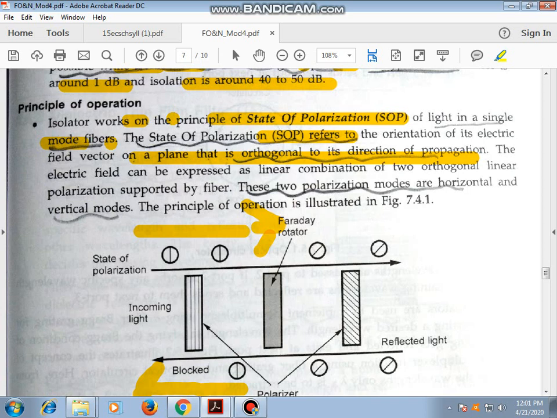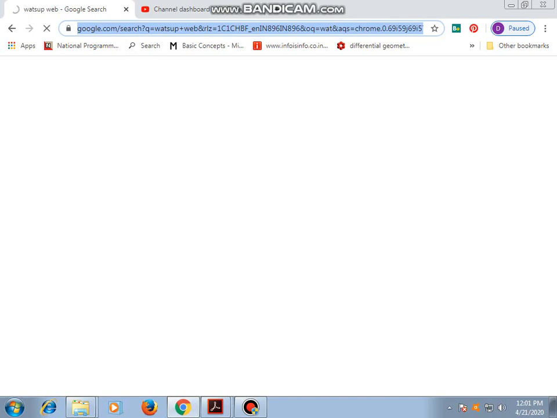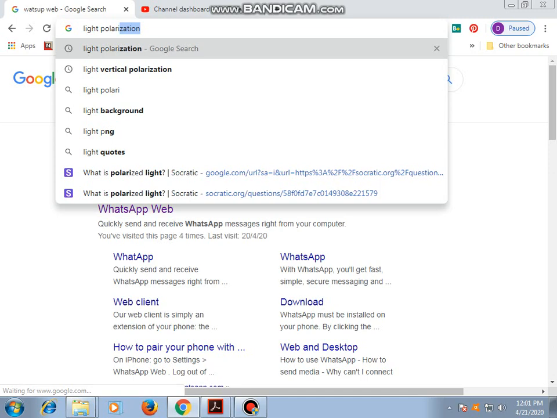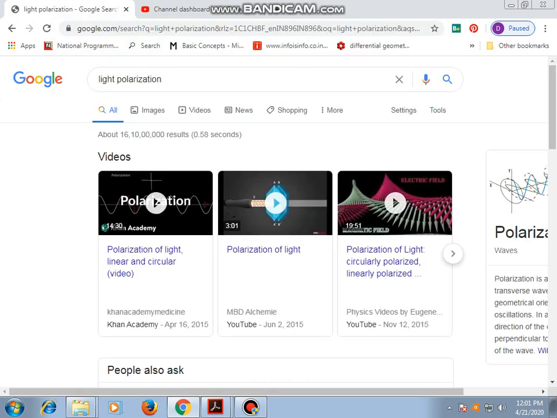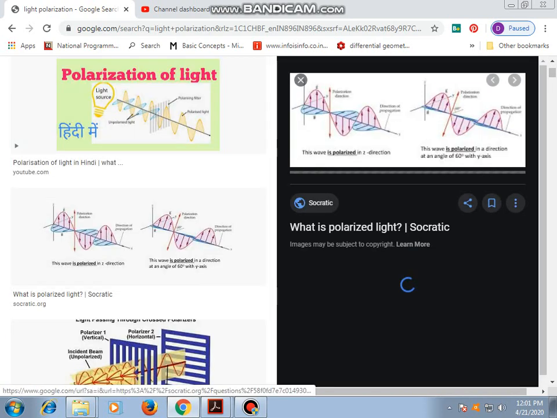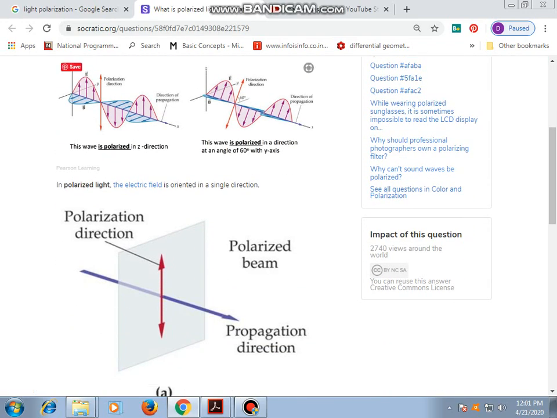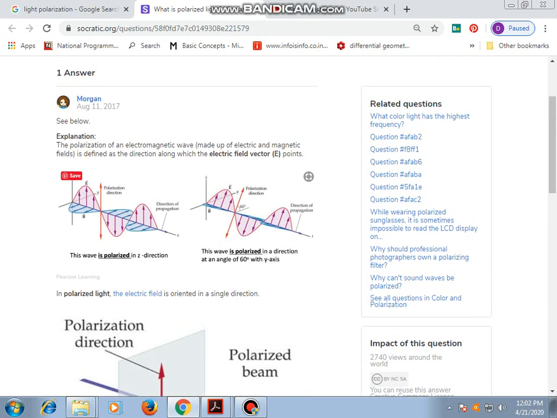These two fields are perpendicular to each other, and the electric field is perpendicular to the direction of signal flow. In this diagram, E means electric field and B means magnetic field. The electric field is perpendicular to the magnetic field, as well as to the direction of signal flow.